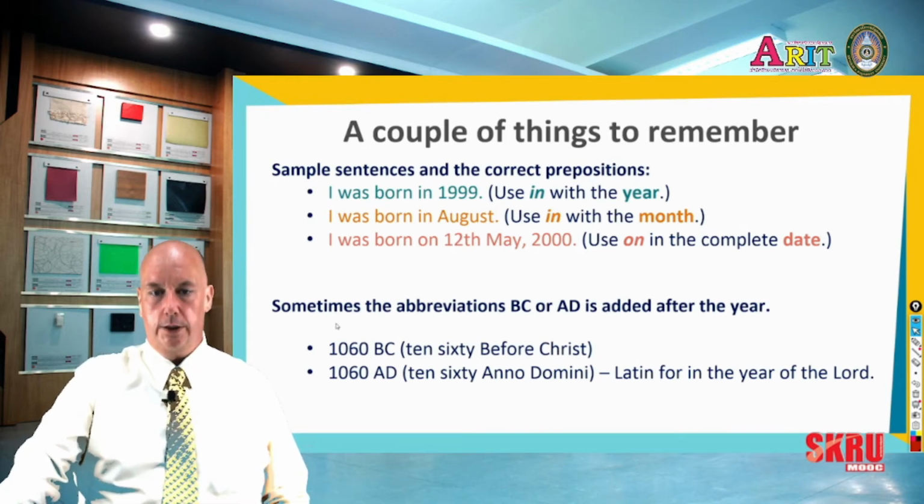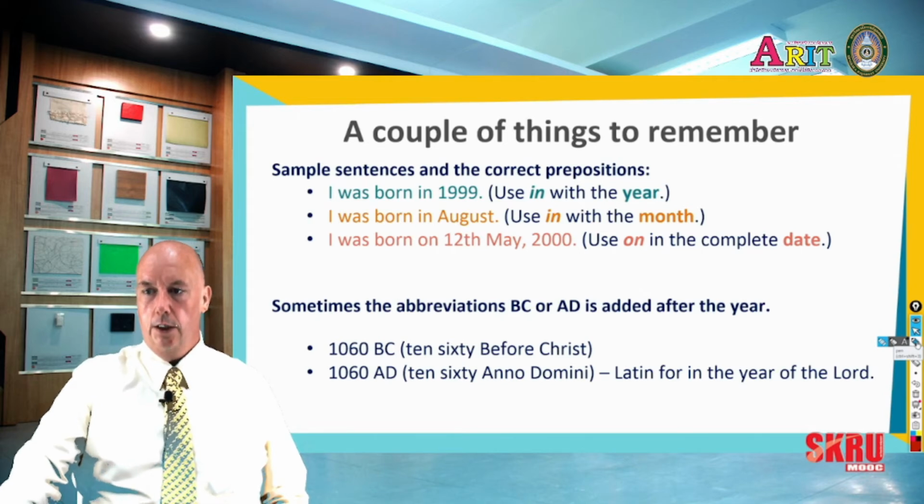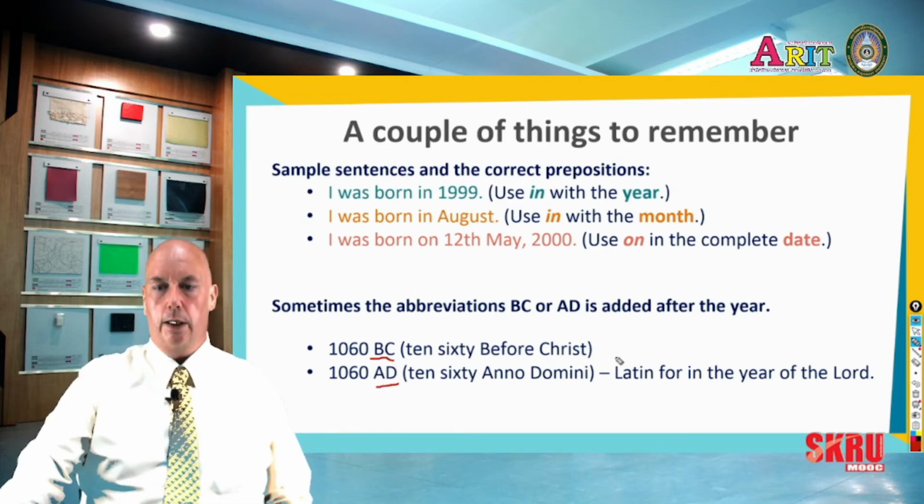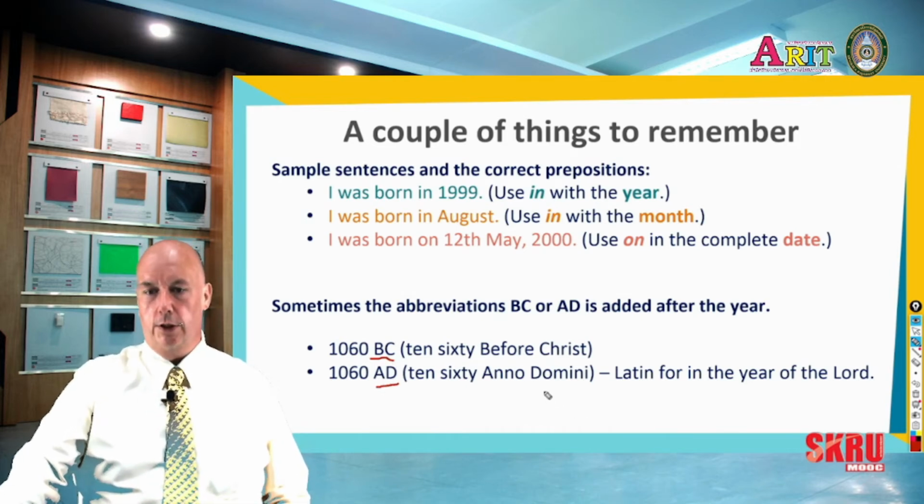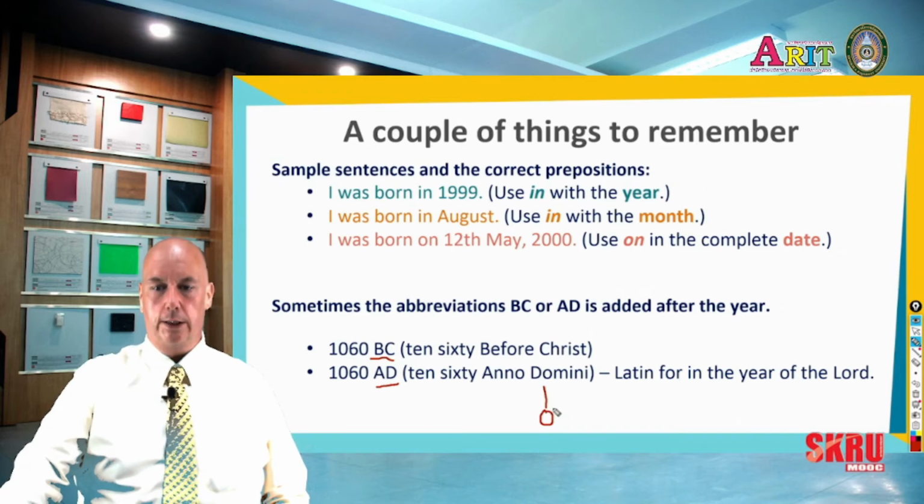You might also come across a couple of abbreviations at the end of dates. You might find people saying BC or AD. This really is in the Christian calendar or the Greco-Roman calendar. We'd have the year 0, which is when allegedly Jesus was born.